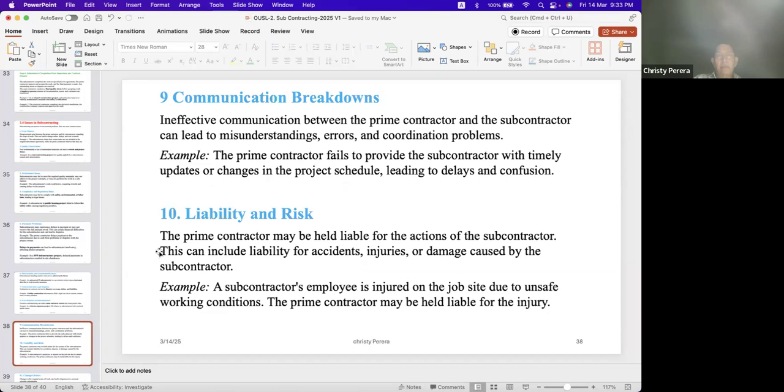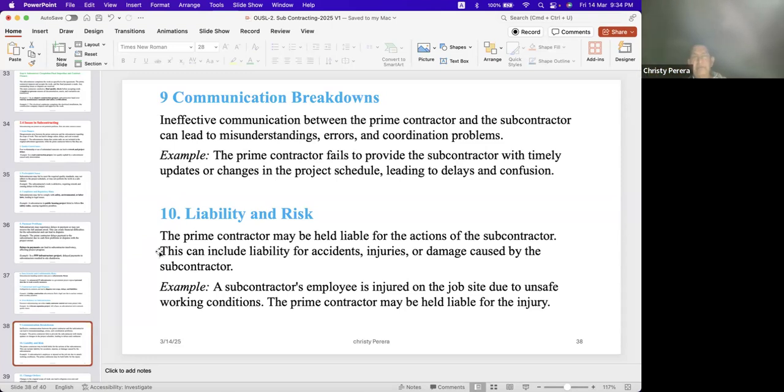Communication breakdowns. The prime contractor fails to provide the subcontractor with timely updates or changes in the project schedule, leading to delays and confusion. That is, if you don't communicate in a correct and better way, then again there is a problem.